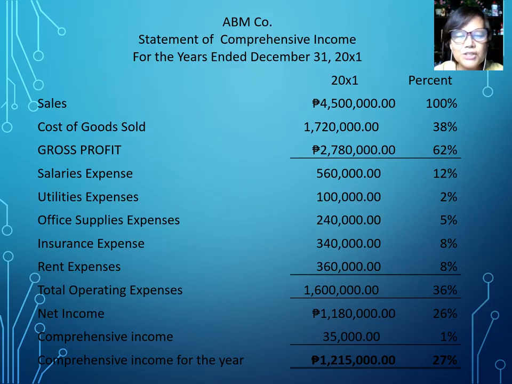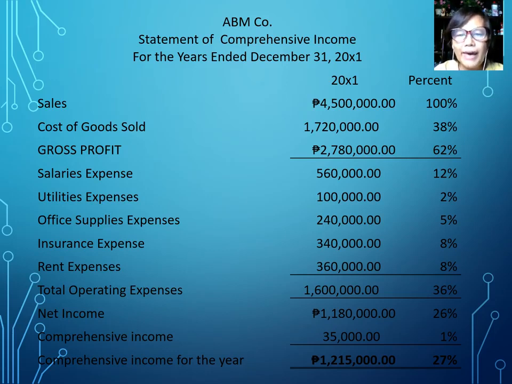And then the cost of goods sold, 1,720,000 divided by 4,500,000 is 38%. Then the gross profit is, if you're going to deduct the percentage, 100% less 38% is 62.